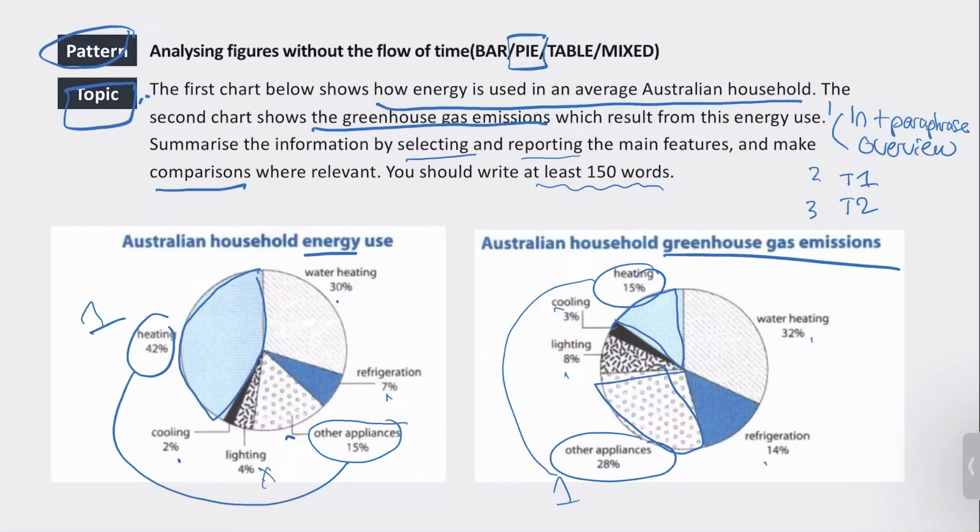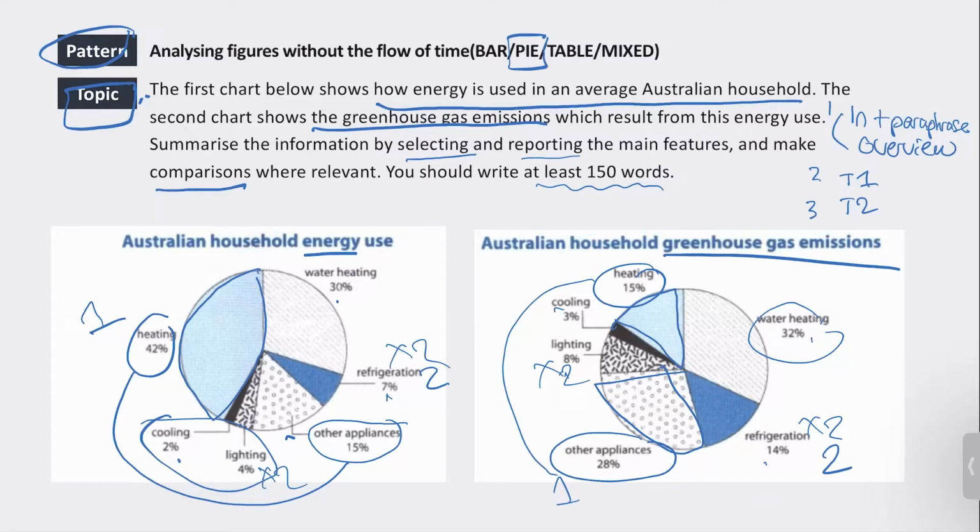So if I look, I can see lighting is 8 and 4, refrigeration is 7. So I would probably talk about that as my second interesting trend and maybe compare that to cooling and water heating, which stay almost the same.